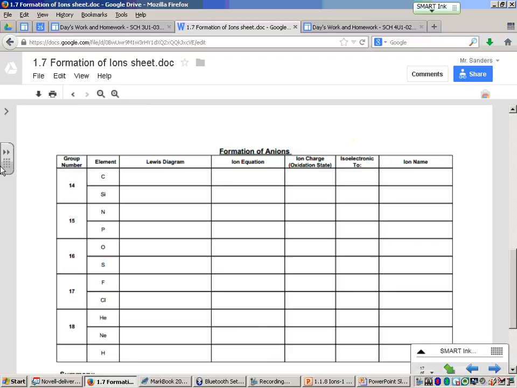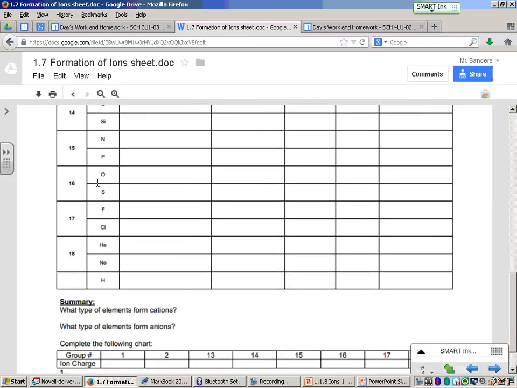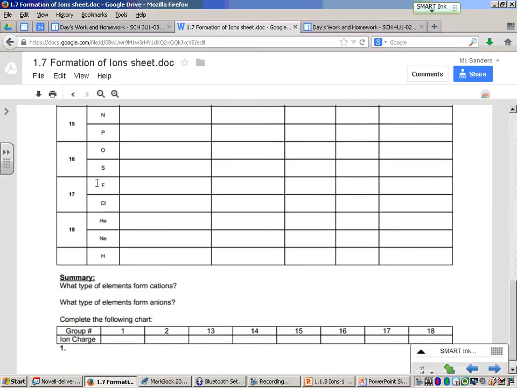Again, the Lewis diagram needs the dots and the square brackets. The ion equation has no dots, no square brackets. Ion charge is pretty obvious, the negative charge it becomes. Isoelectronic to, we already have that. And the name of the ion gets the "ide" ending. If you don't have that sheet printed, you could go home and print that off in order to finish that off for homework. All right? There are a few questions that ask you to summarize the charges that you found on the stable ions.